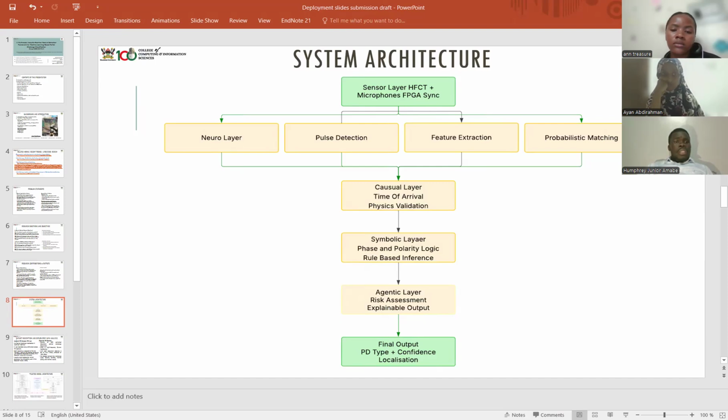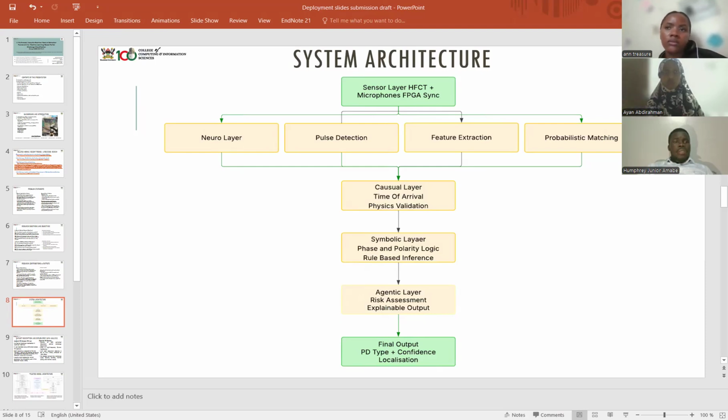Then we move to the symbolic layer, where phase and polarity logic applies rule-based reasoning on top of learned signals. In other words, you combine statistical learning with domain constraints so that the pipeline is not just accurate, but also explainable.